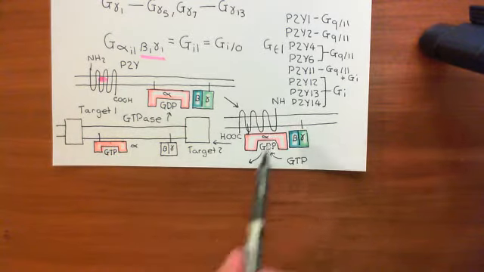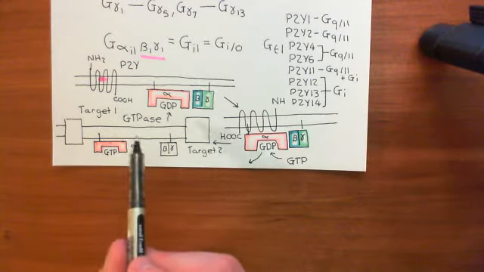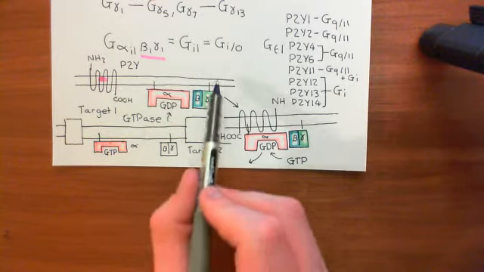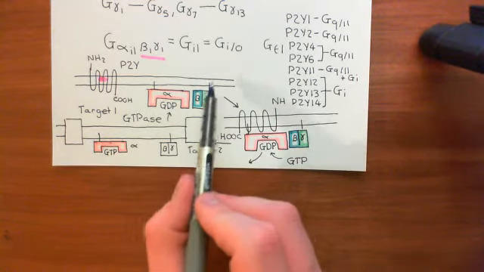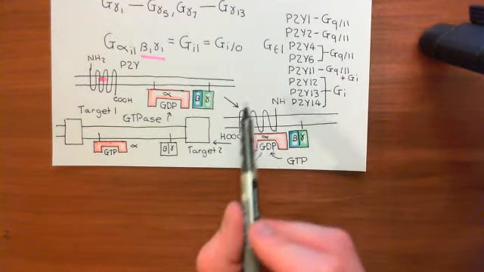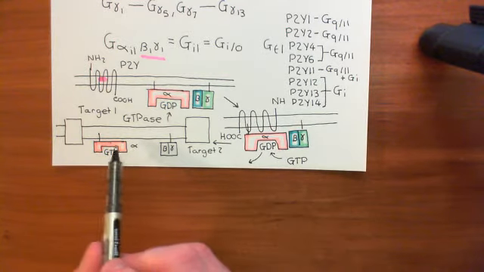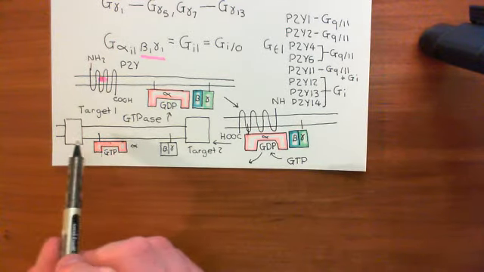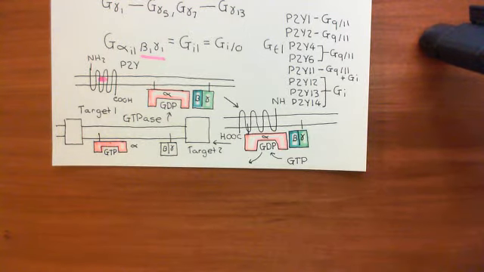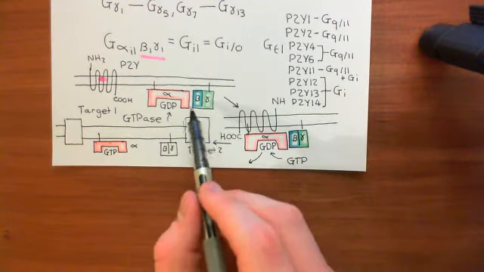Okay, and that's the G protein cycle. That's why it's called a cycle. It's the cycle of going from this inactive heterotrimeric state to the state where it's being activated by the G protein coupled receptor, to the activated state where we're interacting with targets, and then back to the inactive state.